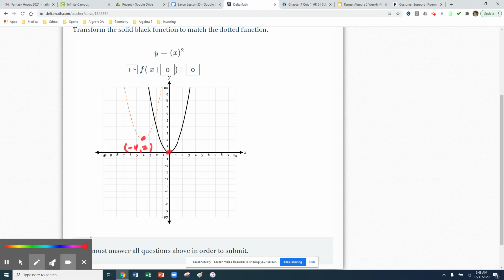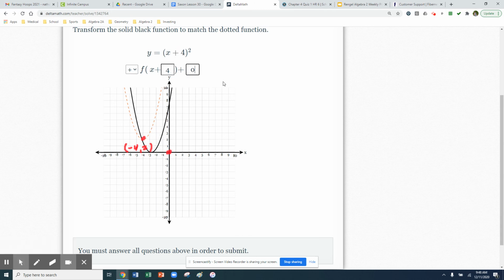Now when I shift left 4, that's going to be represented with an x plus 4. And when I shift up 2, that's going to be represented with, excuse me, just a plus 2.